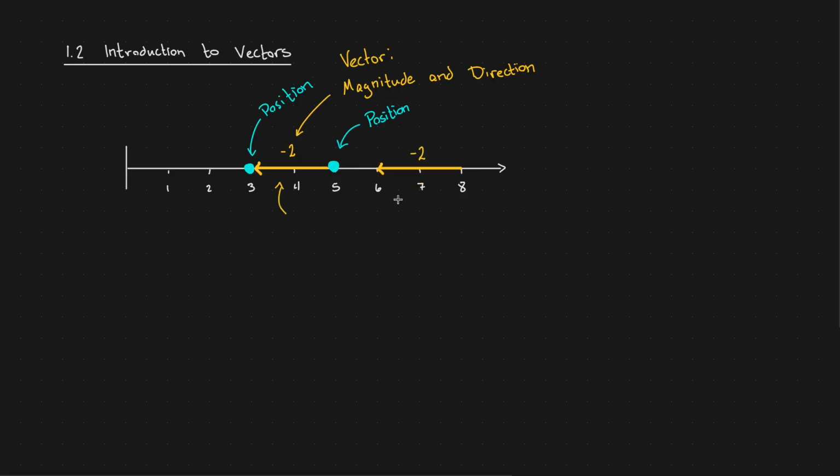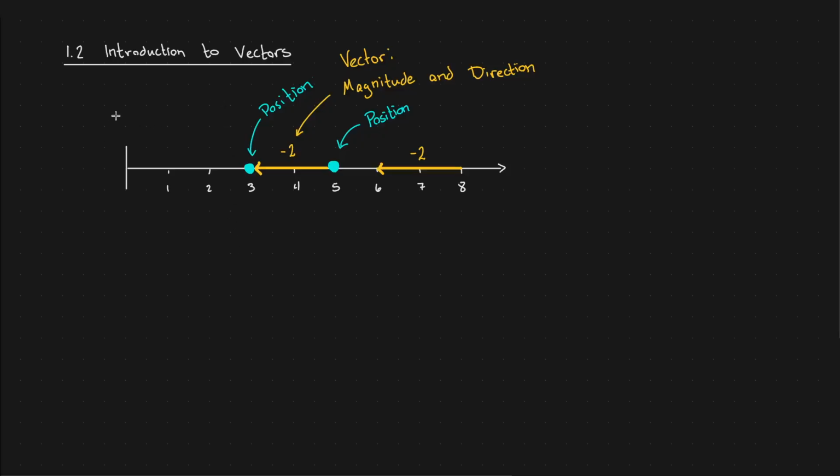Here, these 2 arrows have the same magnitude. They're the same length. They're pointing the same direction, and therefore they are the same vector. They are communicating the same change from wherever they start to wherever they end. The change is the same, even if the position is different.